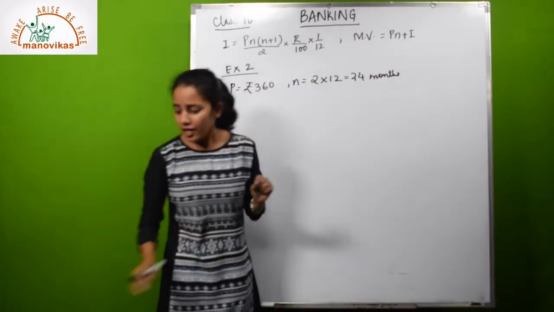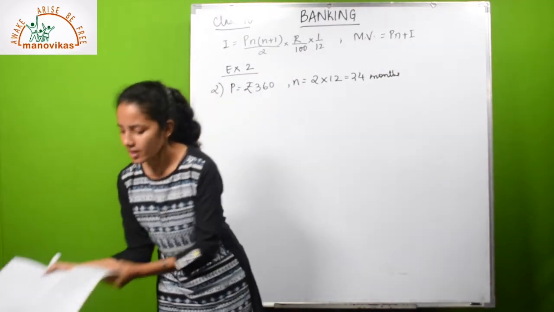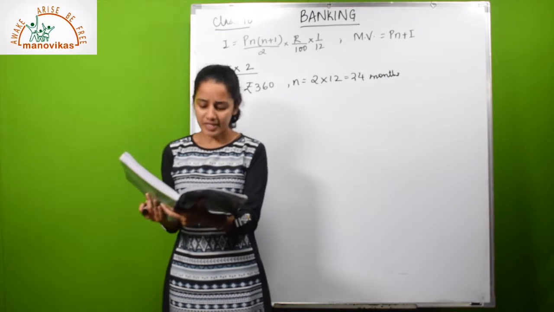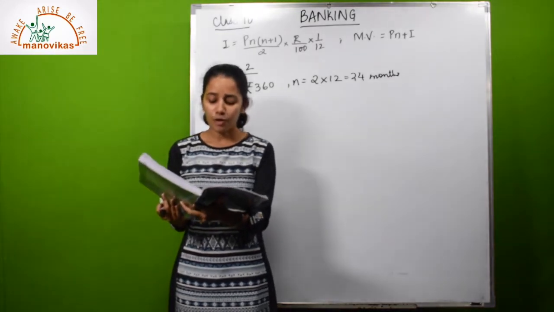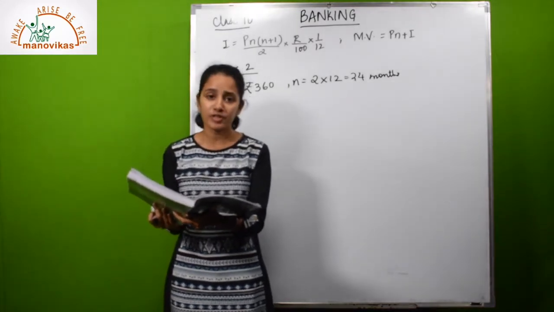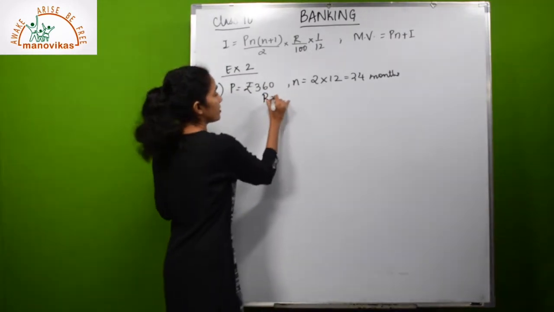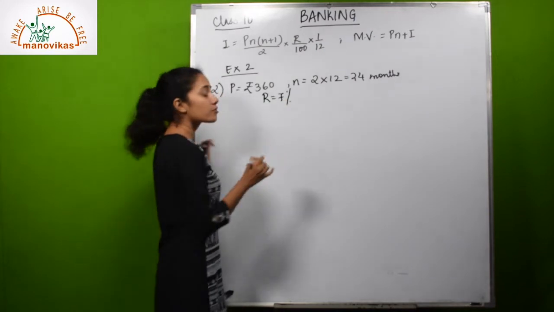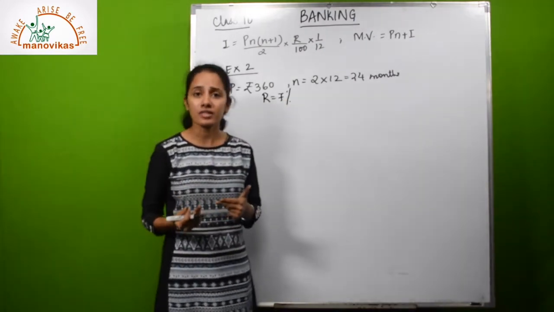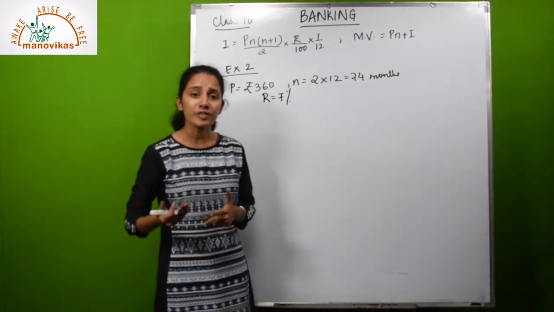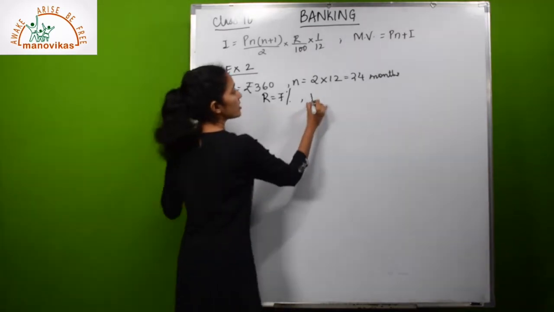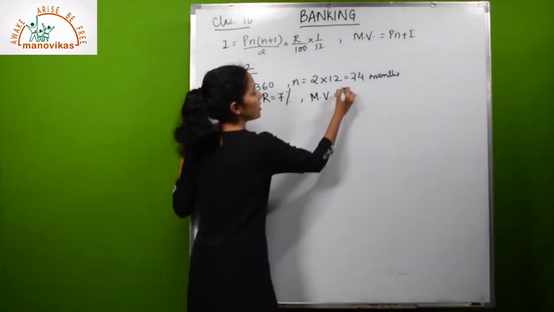Let's move on. You are also given, if the rate of interest be 7% per annum, how much did he get at the time of maturity? So you are given the rate of interest to be 7%, and you are told how much he will get after the time of maturity. How much meaning you are told to calculate the maturity value.